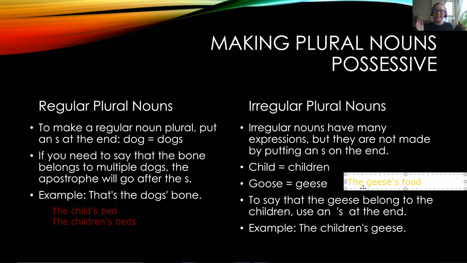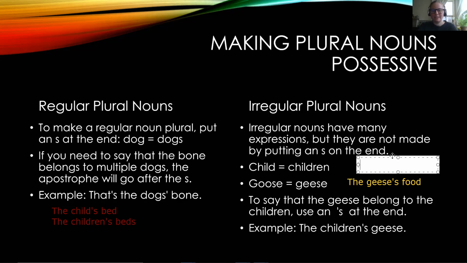So because geese is an irregular noun, it means there are multiple geese. If there was just one, you'd say goose. So the geese's food, because geese is a word for more than one goose, we know that this food belongs to all the geese, which is different than the goose's food, which would be, oh, this food belongs to one goose.